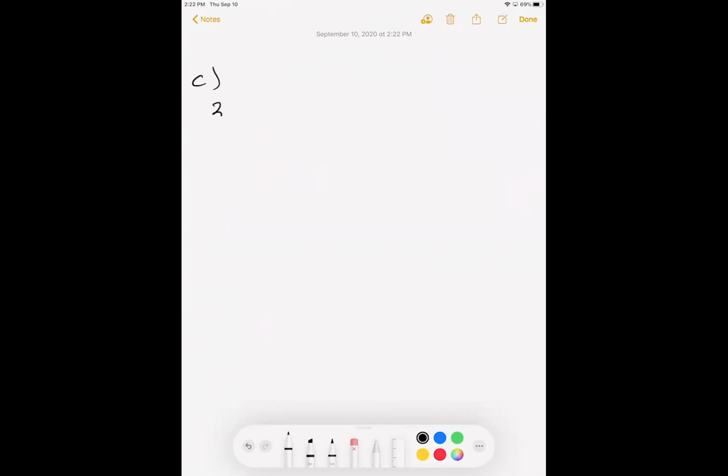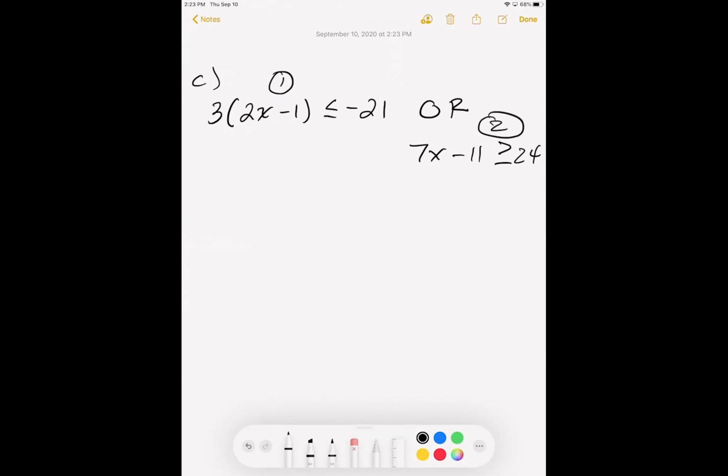So let's take a look at C, and hopefully C can clarify. The original C I have is 3 open parenthesis 2x minus 1 close parenthesis less than or equal to negative 21, or 7x minus 11 greater than or equal to 24. So these are the two problems I have, one here and a second here, and my problem deals with the word or.